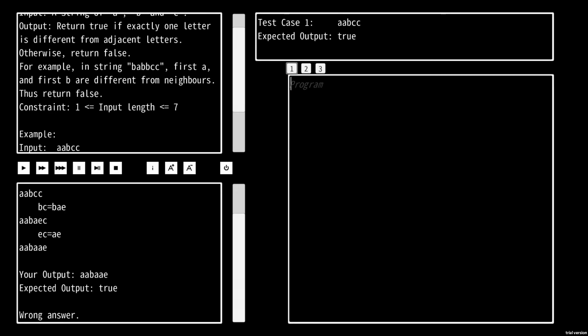So, what I'm trying to do is basically find all the blocks, if that makes sense. I'm trying to split these into blocks of letters. And then I need to go, if any of these blocks are length 1, bad. I'm just not sure how to go about that properly.